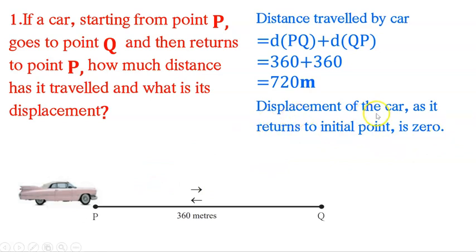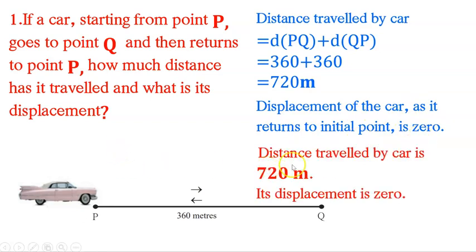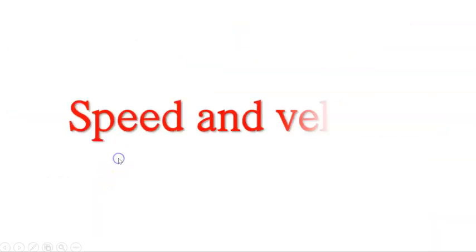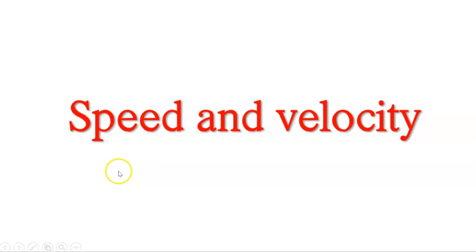Therefore, the distance traveled by the car is 720 meters and its displacement is 0 because it returned to its initial point. Now next we'll define speed and velocity.